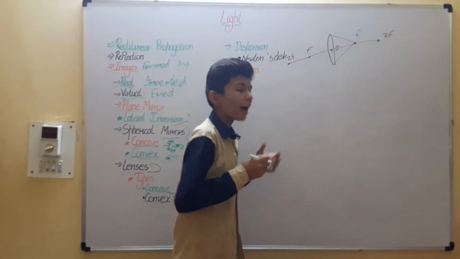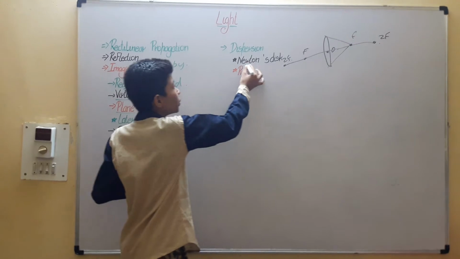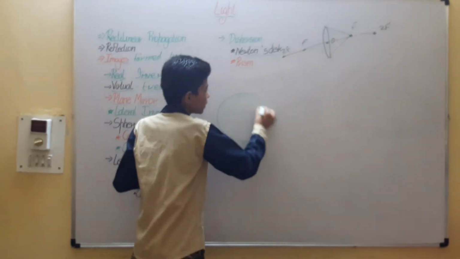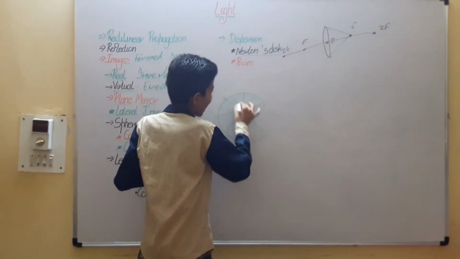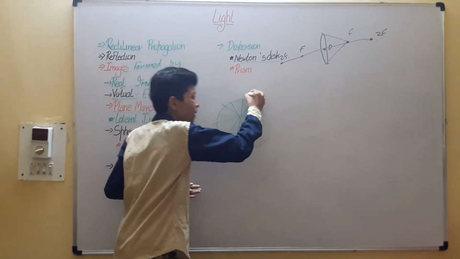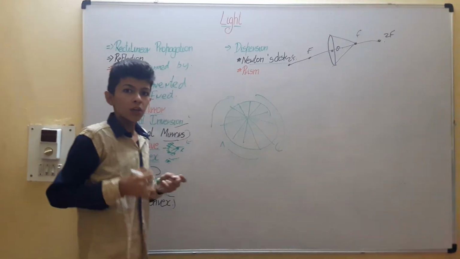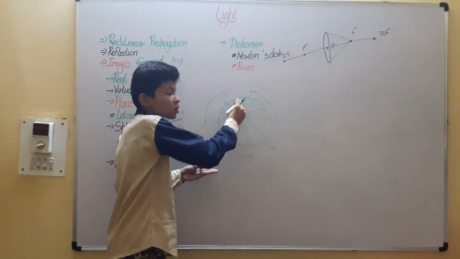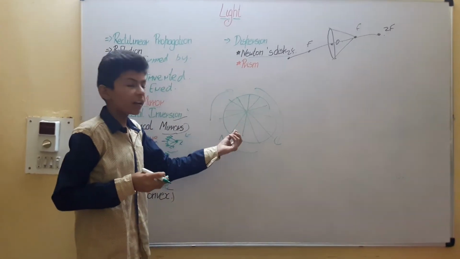This was proved by Newton with the help of his Newton's disc. Newton made a disc which was divided into fragments, and each fragment was colored with a different color. And when he spun this disc, he saw a white color. So when there are different colors, it shows the white color.